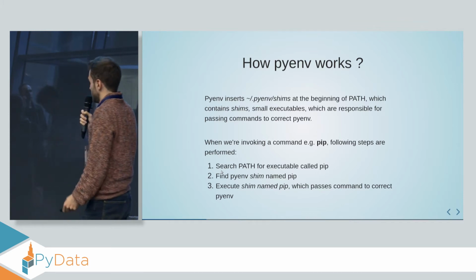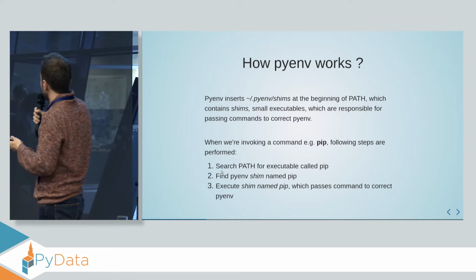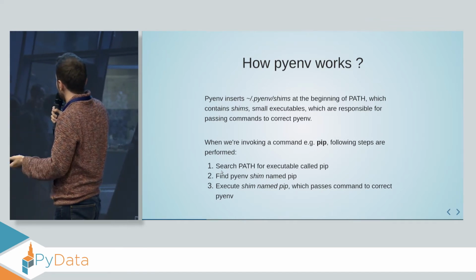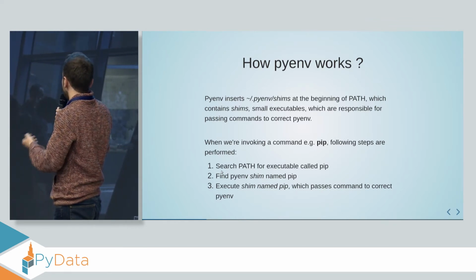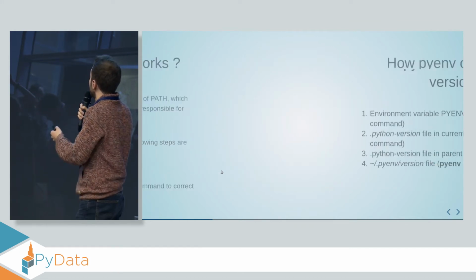So for example, if you want to invoke the command pip, the path will be searched for the executable named pip. It will find the pyenv shim named pip, and it will pass it to the correct Python version.